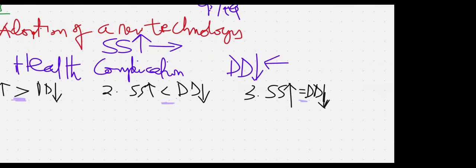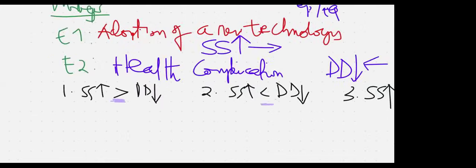Stage 3, the decrease in demand has a lesser impact than the increase in supply. Reading from the right, stage 1, the increase in supply has a greater impact, just like the first question we solved, than the decrease in what? Demand. So I'm going to draw the graphs.